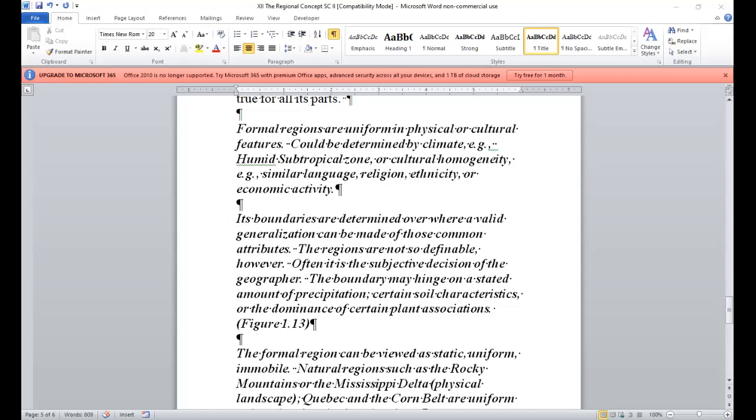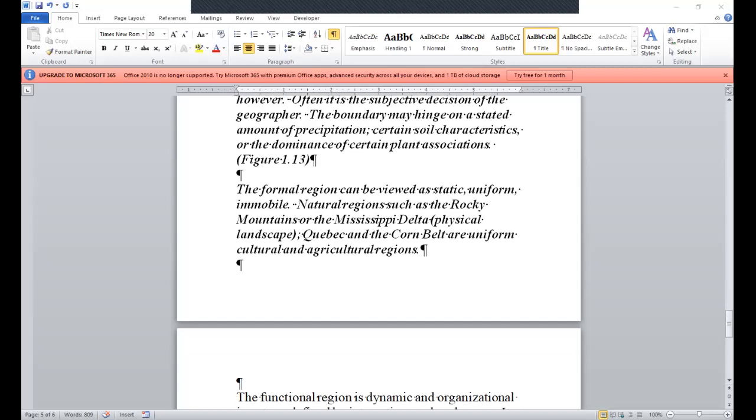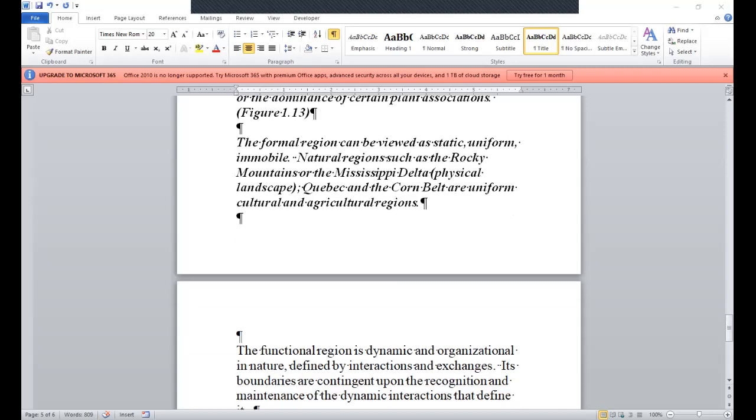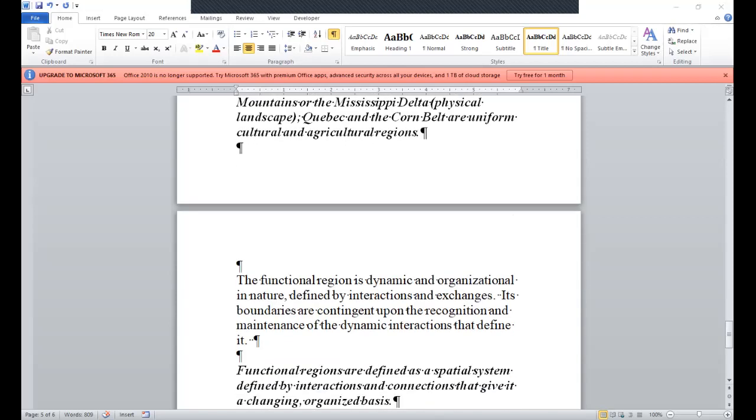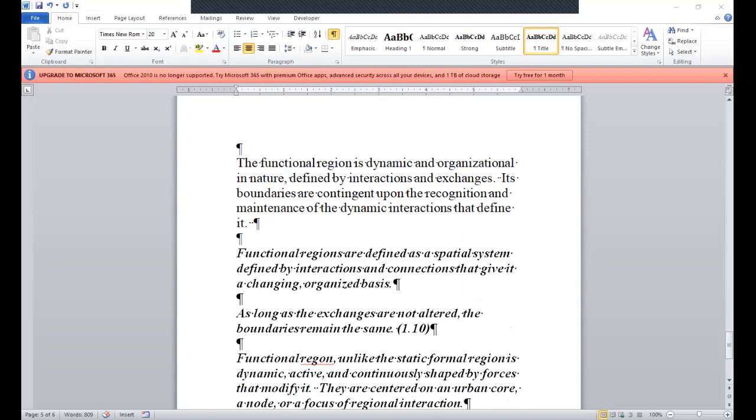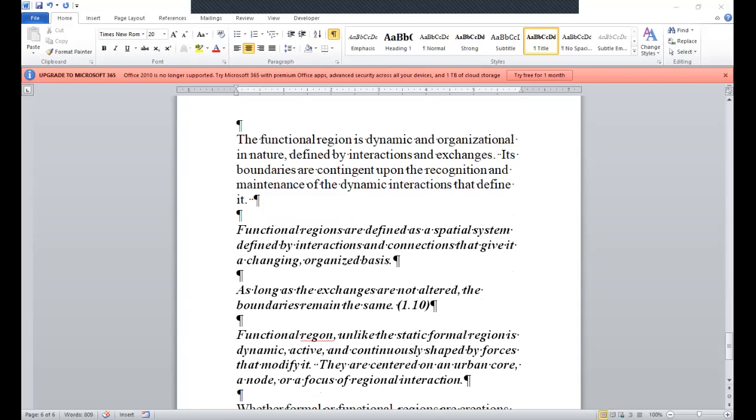And lastly, the functional region. The functional region is dynamic and organizational in nature, defined by interactions and exchanges.